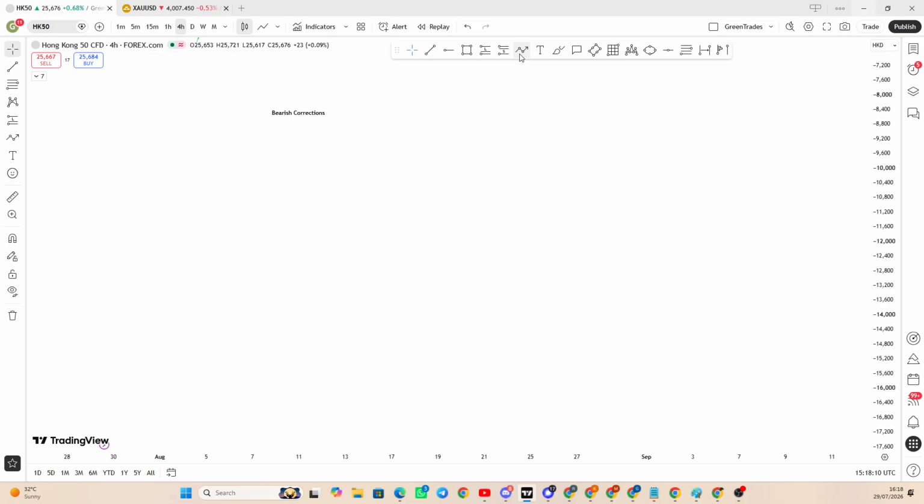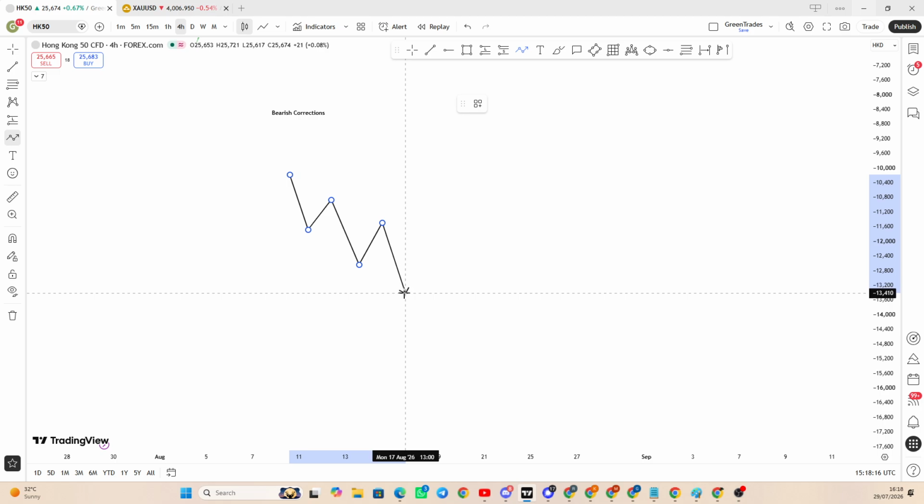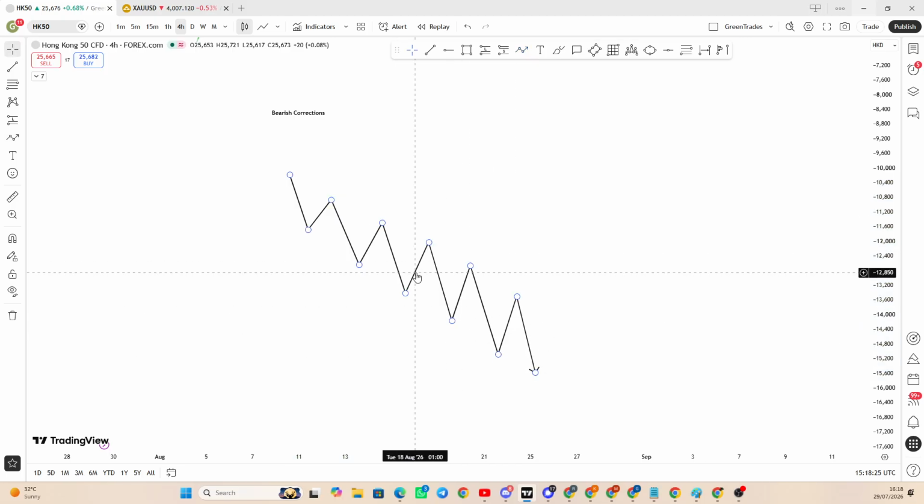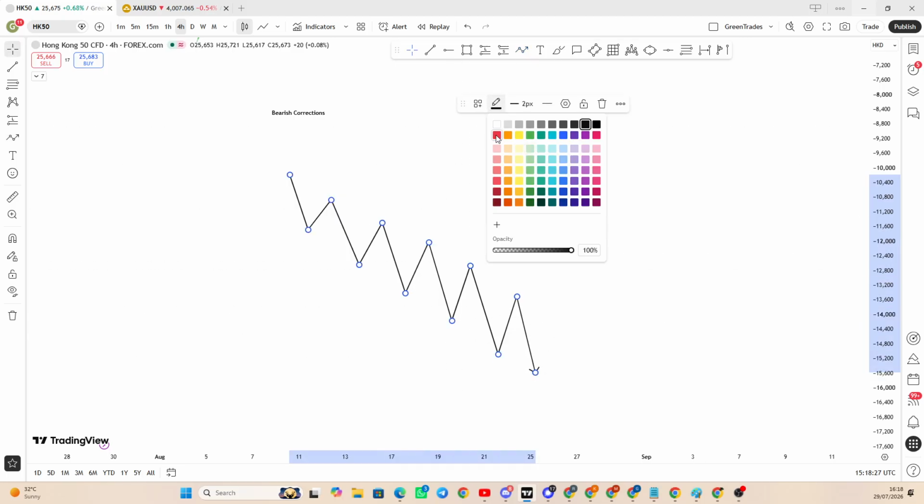Yeah, when it comes to bearish corrections, like I said, anytime you're seeing lower highs and lower lows being formed, that is telling you that the market is trending bearish, right? Let's make that red. The market is trending bearish.